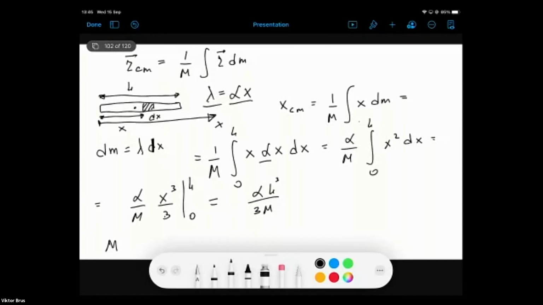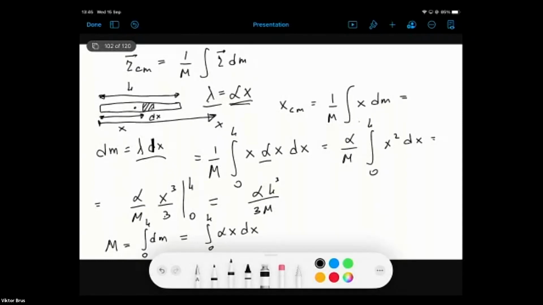So in order to get the total mass for this particular case, we need to integrate from 0 to L over dm. And that will be integral from 0 to L. dm we substitute with lambda times dx, and we know that lambda is equal to alpha times x. So it will be alpha times x dx.